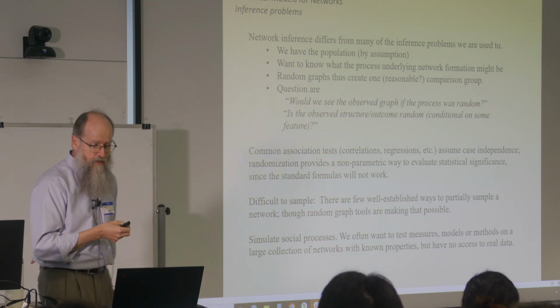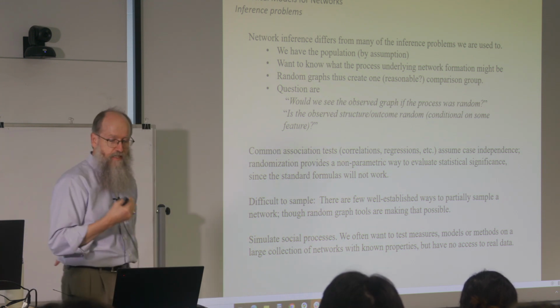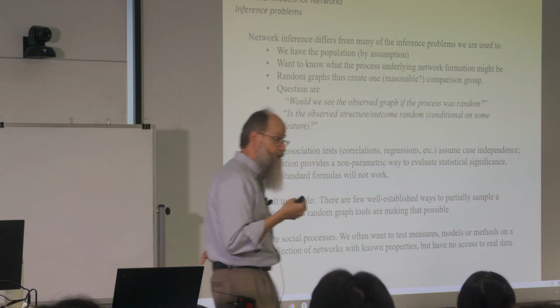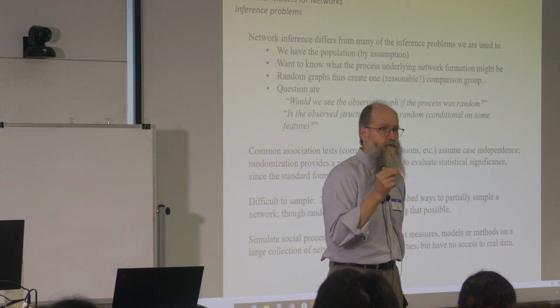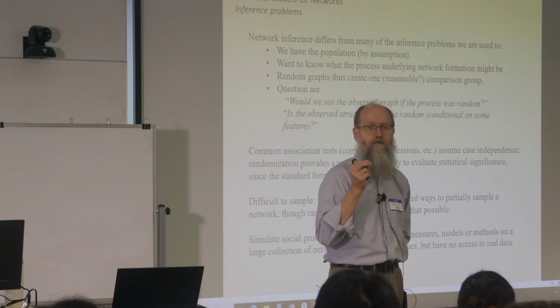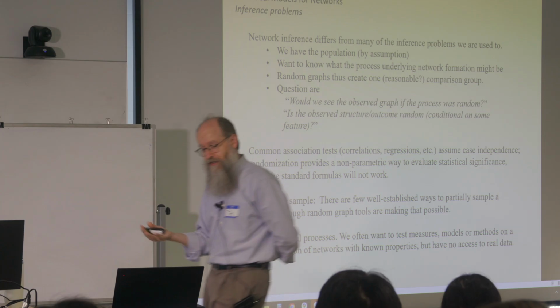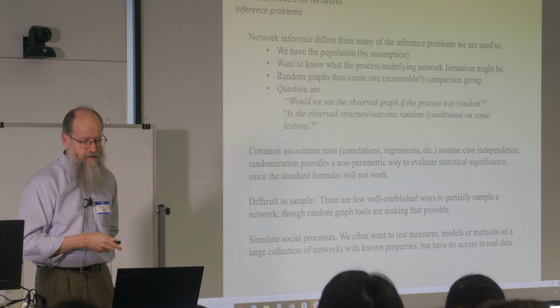Right? So the question we're really asking is, would we see the observed graph if the process were random? What we want to know usually is whether the graph we've observed is just random noise or whether it's somehow systematic. There's always going to be random noise, and the level of random noise we have we want to make sense of.